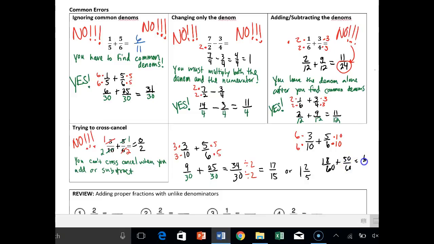That's going to give you 68/60, which technically is right, but it's going to require you to simplify, which is a lot larger than 34/30. And when I simplify this time, I'm going to have to divide by 4, and that gives me 17/15. So you can get the same answer if you don't multiply by the least common multiple, but it just takes a little bit more work.